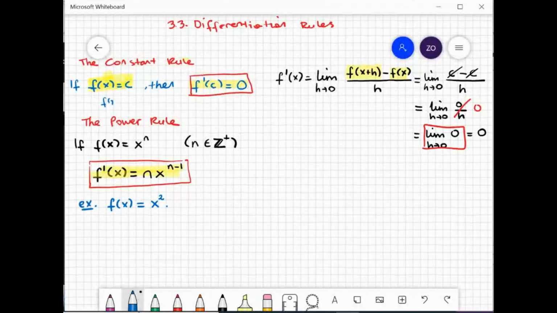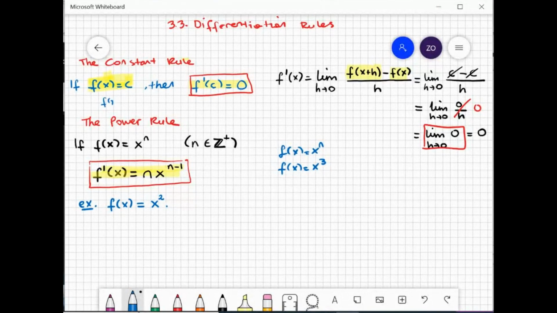If you check out the text, you will find how this is proven for f of x equals x to the n for any positive integer. And there is also in the textbook, it shows for x to the third power.